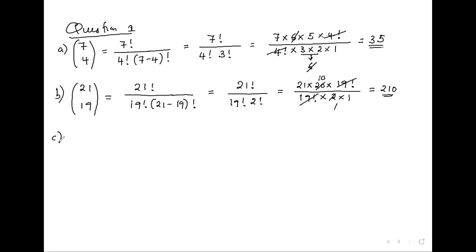Okay. What about C? You have 8 choose 3, plus 8 choose 4. So you first get this value, then add them. I'm saying you get this value, then you get this one, and add them.